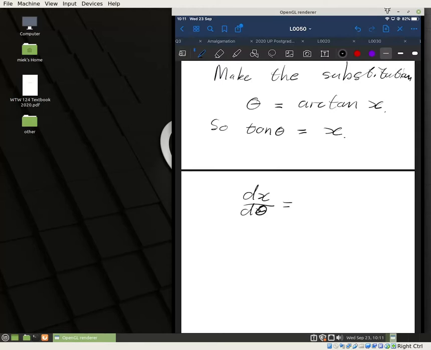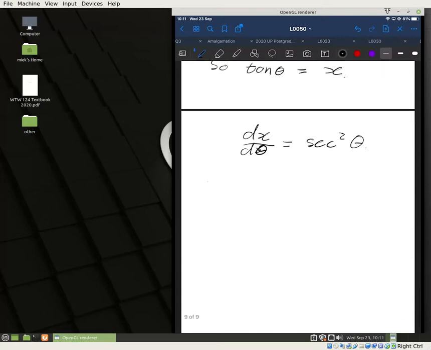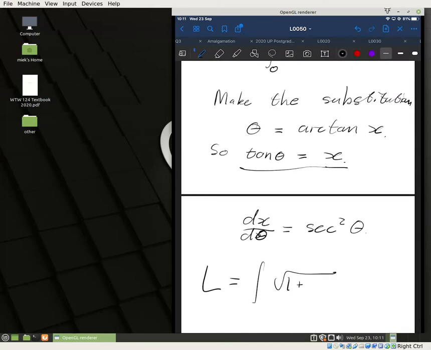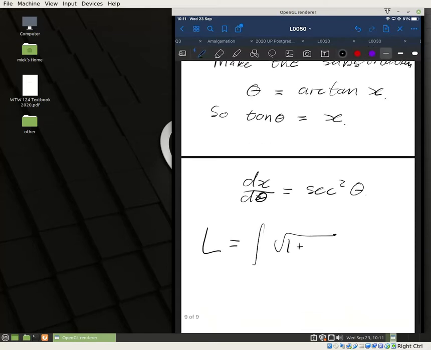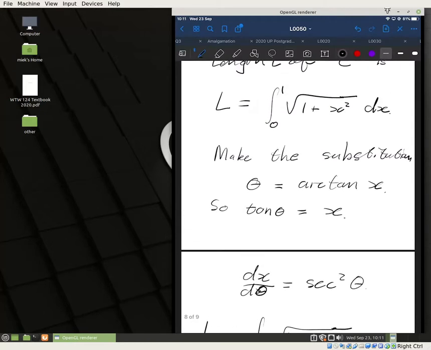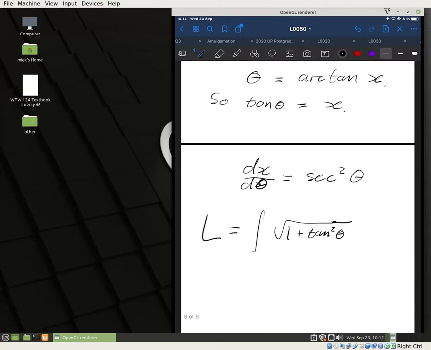dx d theta is the derivative of tan, which is sec squared theta. So if we do the substitution, what do we get? We get the square root of 1 plus x squared, but x is tan theta. So we get tan squared theta, multiplied with the dx, which is going to become sec squared theta d theta.